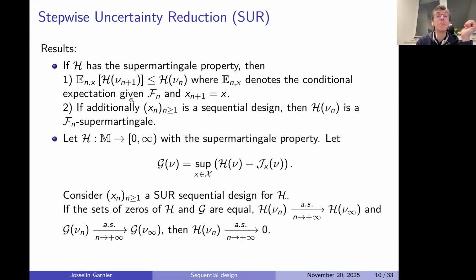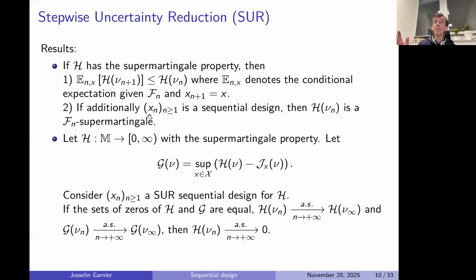So it is a supermartingale. So H nu n is an Fn supermartingale because I have this property for all x, and now I take xn plus 1, the Strur strategy, which is Fn measurable. So indeed, I have this decay. I have the supermartingale characterization.